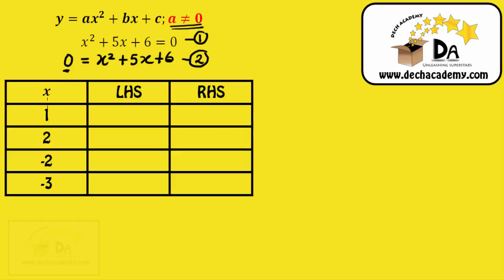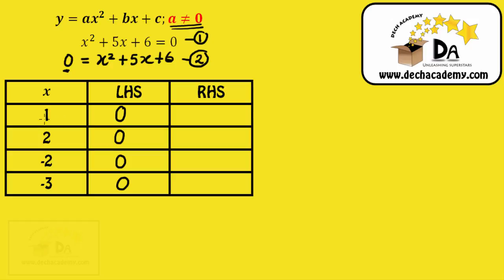So we're going to test all these x values to see if any of them cause the right-hand side to also be equal to 0, thereby causing the equation to be satisfied.